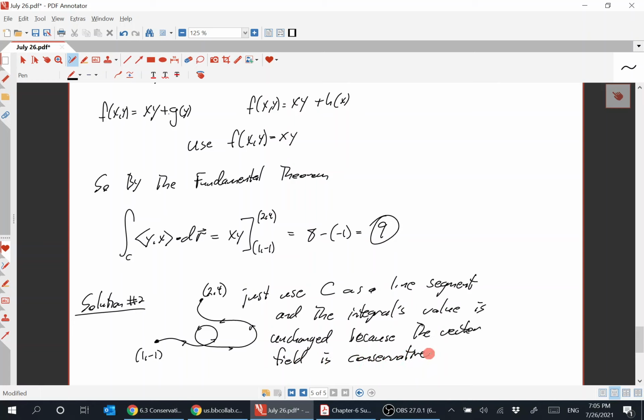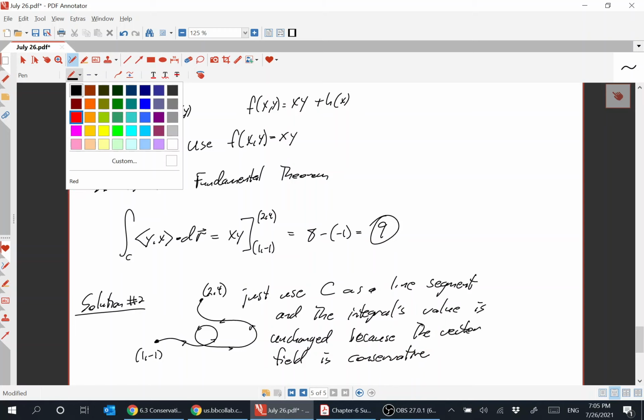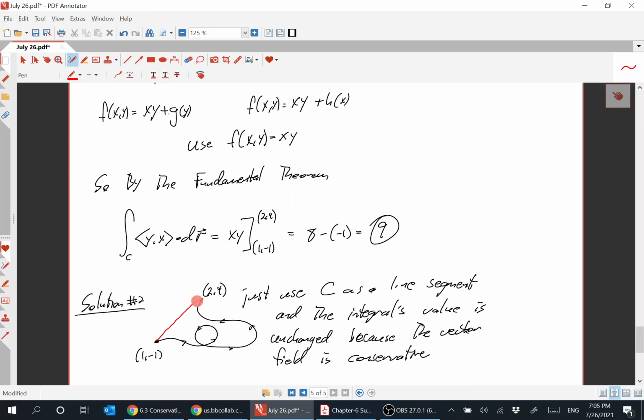That is a consequence of the fundamental theorem of calculus for line integrals: the line integral is path independent, as they say.